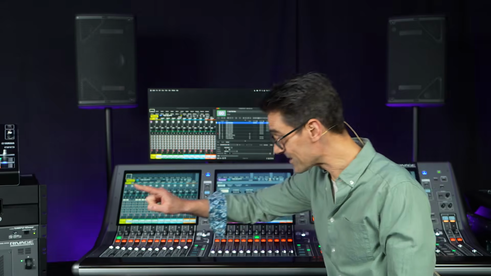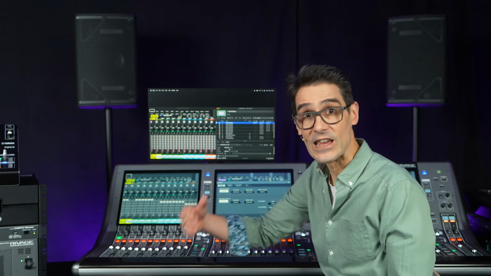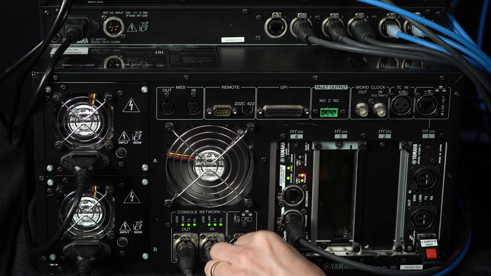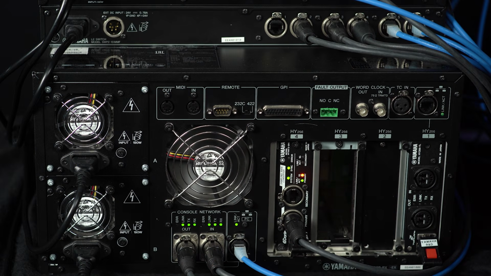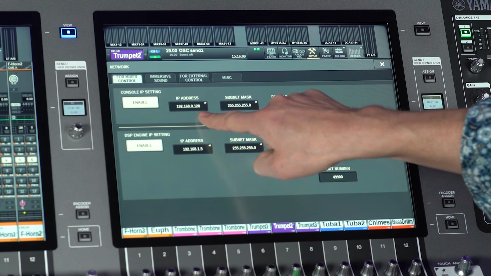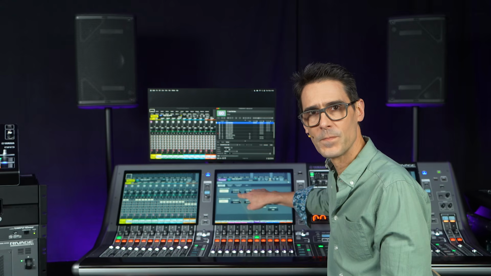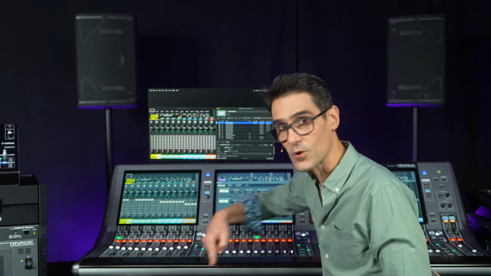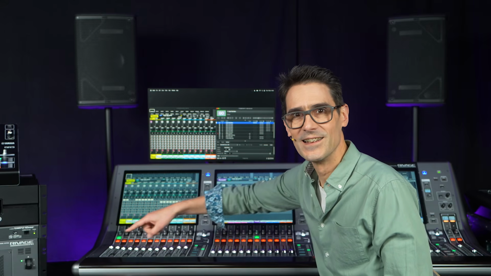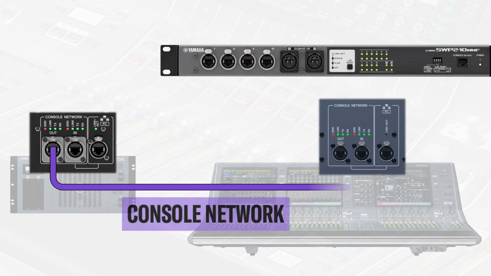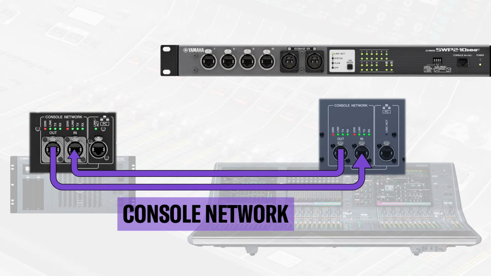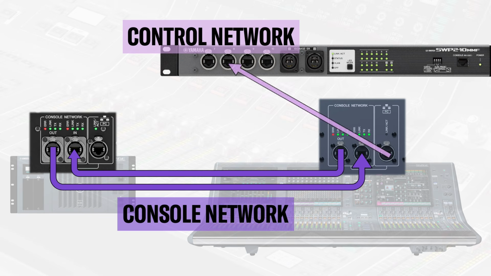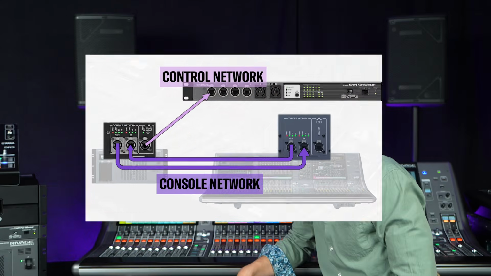Though, when a DSP engine is connected, it could transmit from that device's network port instead, while still using the console's IP address. Remember, the system's console network connects the DSP engine with the console, so you must not also link both devices' network ports to the same LAN or VLAN to avoid a network loop.